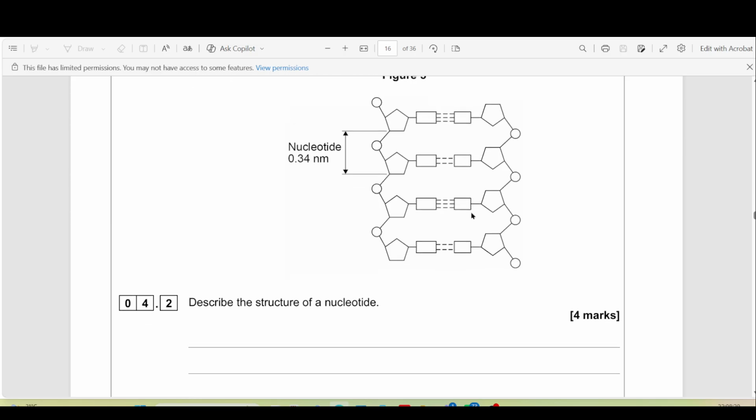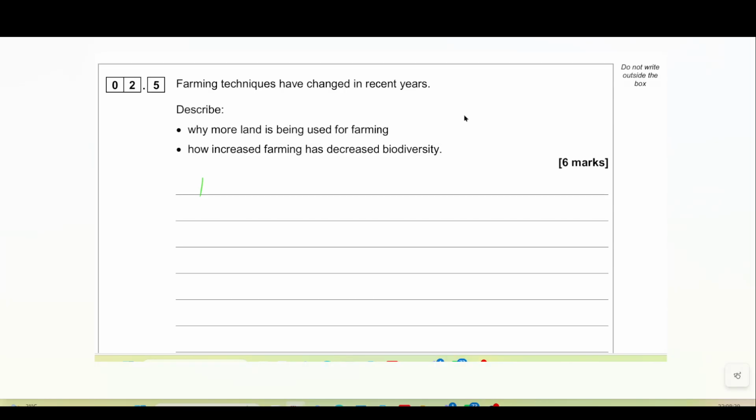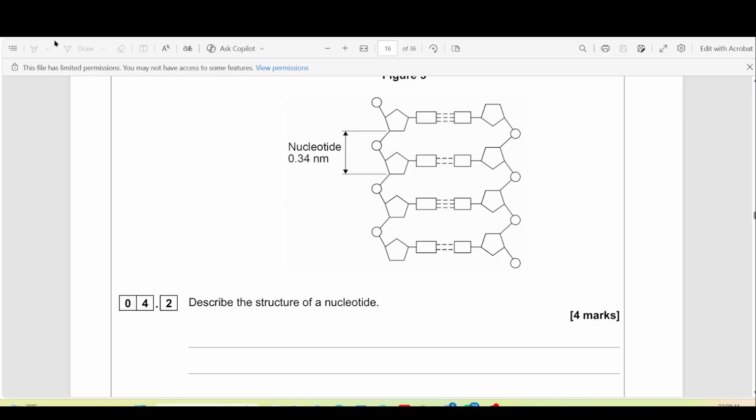Describe the structure of a nucleotide. So I know nothing about nucleotides, so let me write. A nucleotide is made up of a phosphate group and a sugar.